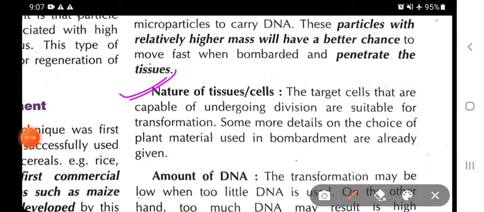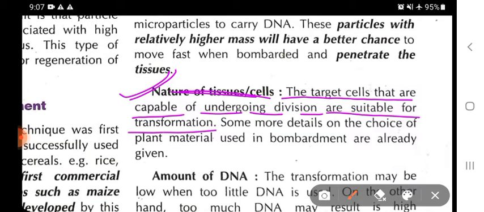Second is the nature of the tissues or cells where we are applying this technique. Target cells that are capable of undergoing division are suitable for this transformation. So the target cells used for this particle bombardment should be undergoing division.